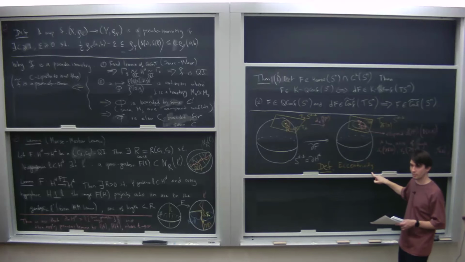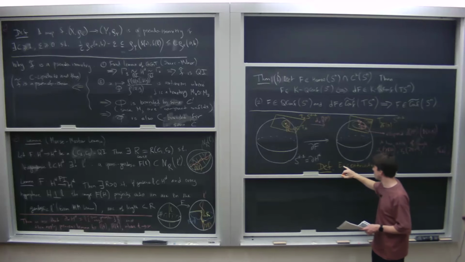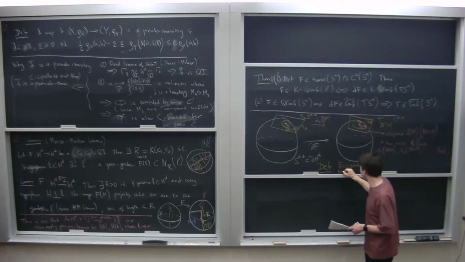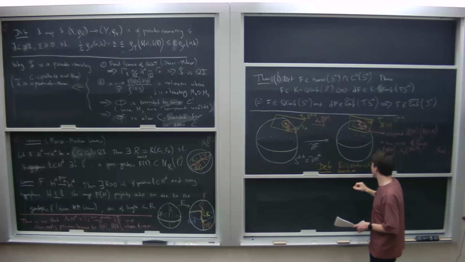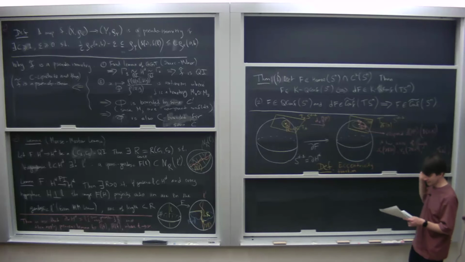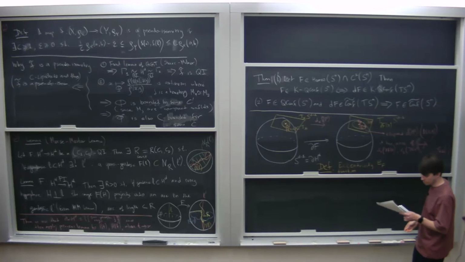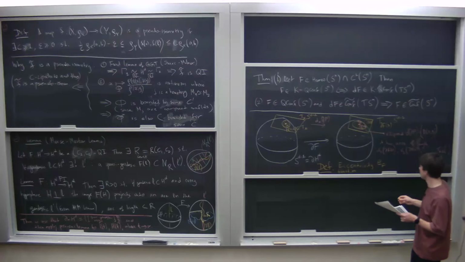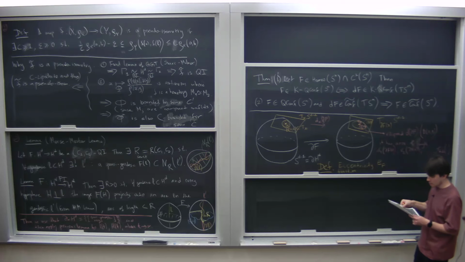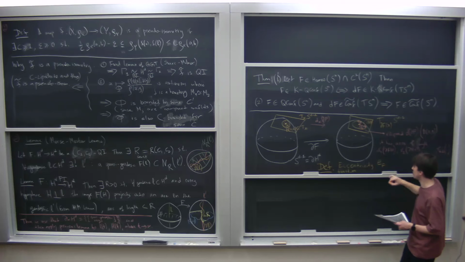I think it's two C's. Okay, eccentricity function. I will denote it just as E sub f, since it essentially depends on f, right?